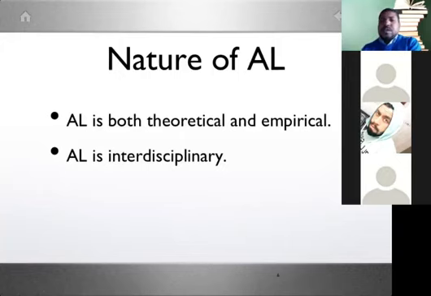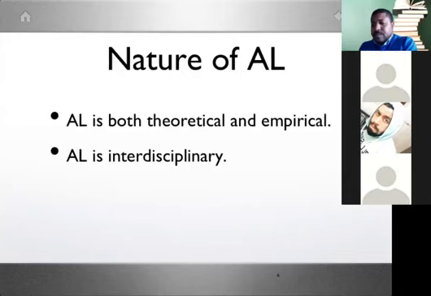It intersects with other disciplines. It has shared interests with other disciplines. And these interests, as I said, are the issues that it discusses, which are shared with other disciplines. There are many issues that applied linguists research that are researched in other fields.